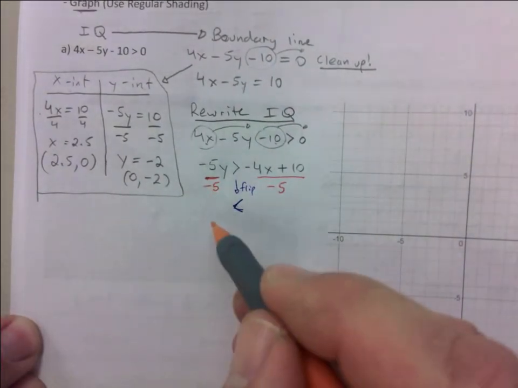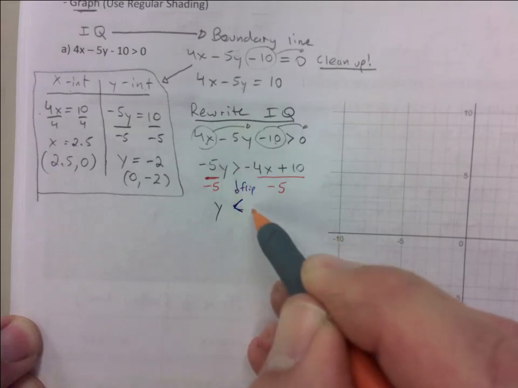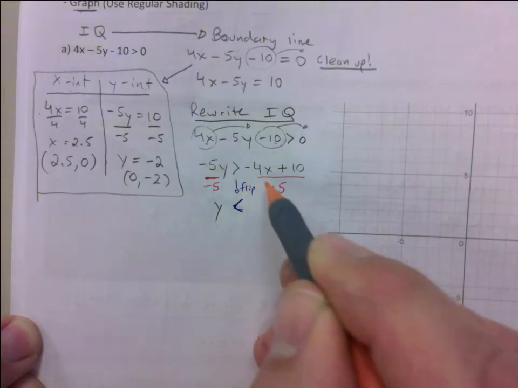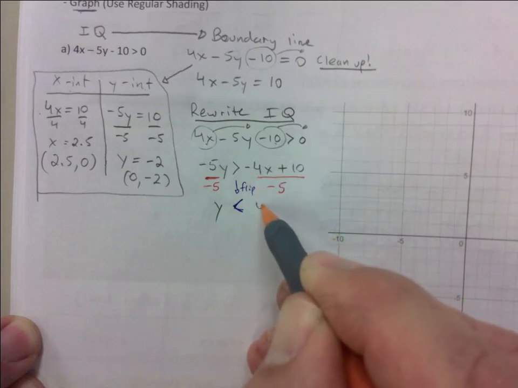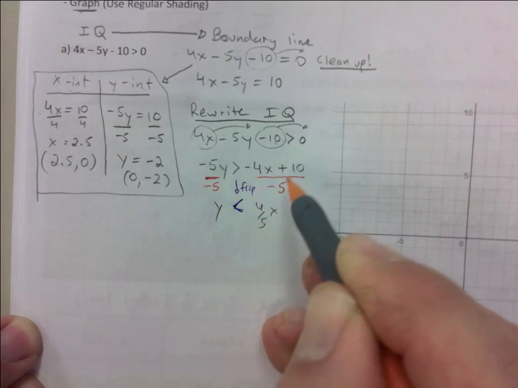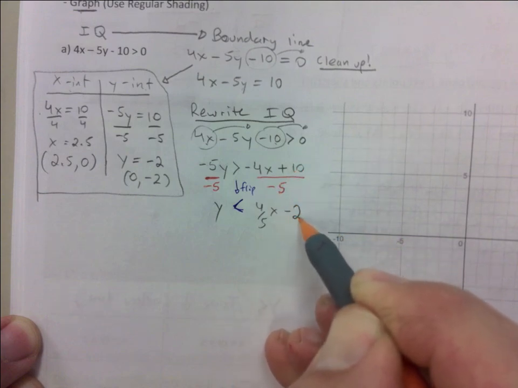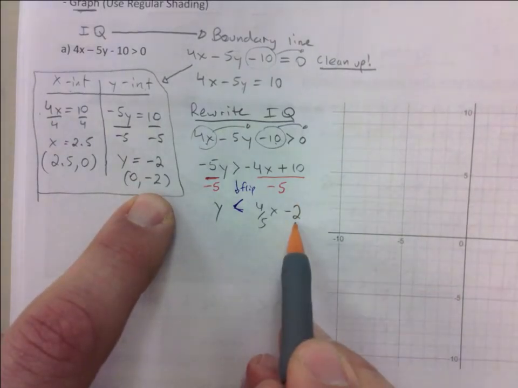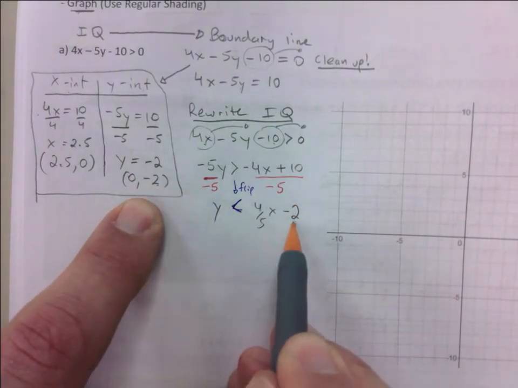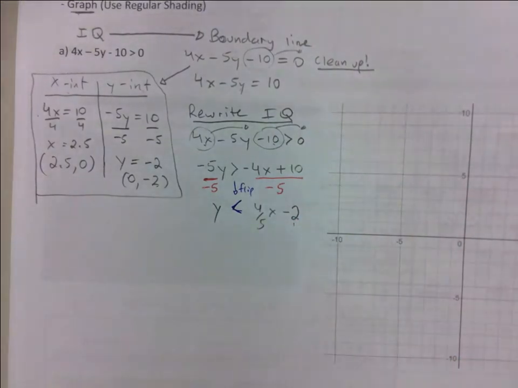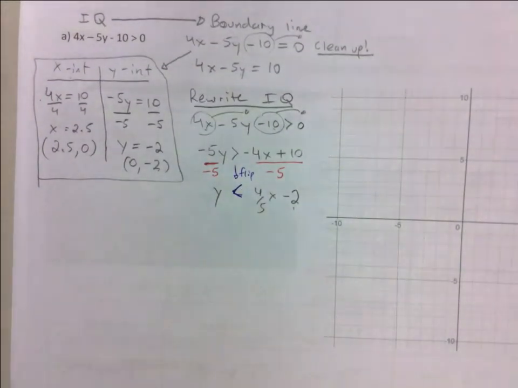So then this is y. We flip the sign, so negative and a negative, if these two divide, it's just positive 4 over 5x. Positive 10 divided by negative 5 is negative 2. This matches, watch, right? My y-intercept matches with that. I should observe that.